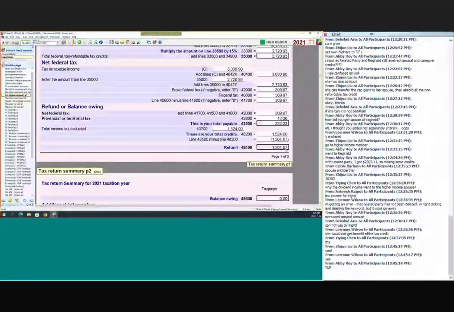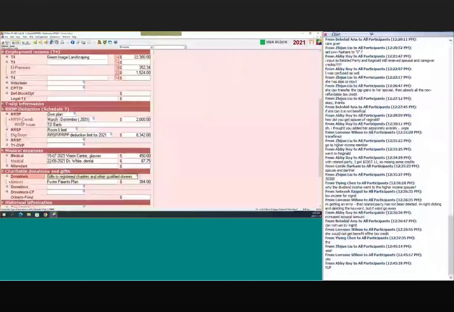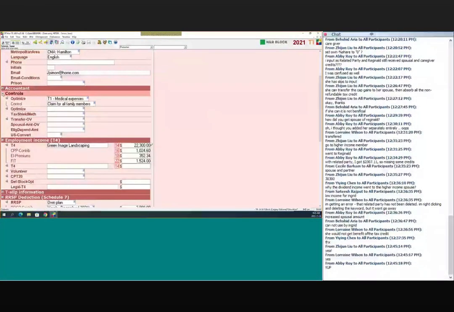Apparently in Saskatchewan, the TPS automatically claims it on Joseph's return, so then that's why you would use Optimize. So here in my instructor copy, it actually shows that they should be claimed, but the default is it's going to go on Jane's anyway. So if you'd put it on Joseph's return, it would have gone on to Jane's return anyway.